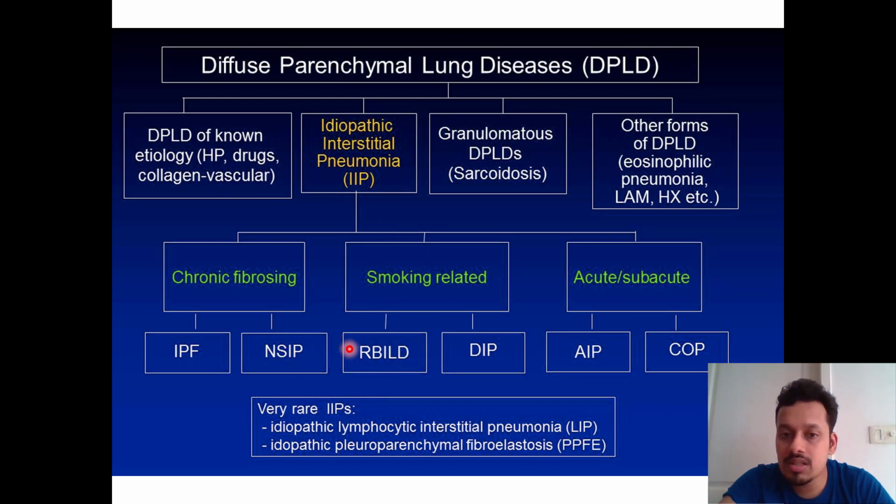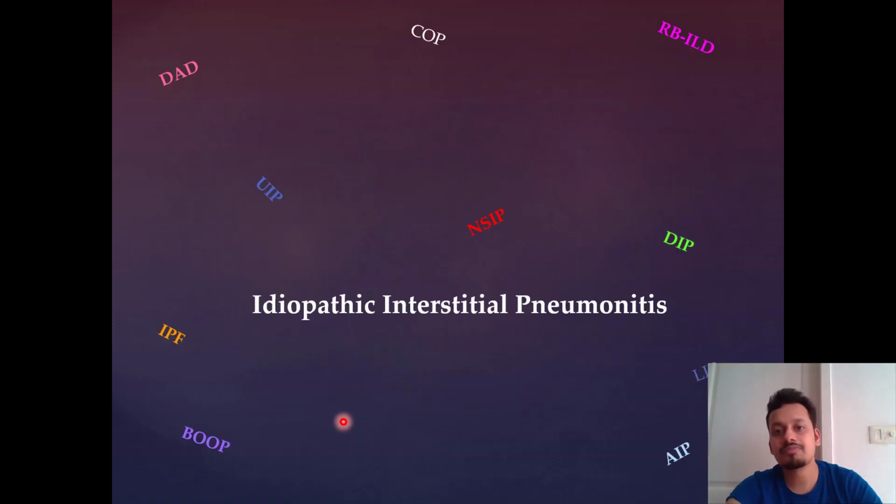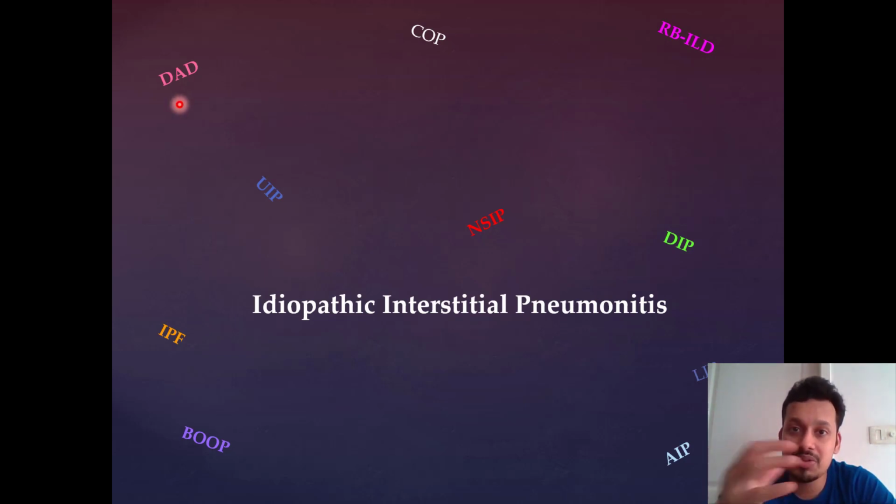The two diseases in this group are respiratory bronchiolitis interstitial lung disease and desquamative interstitial pneumonia, DIP. The next subtype is the acute or subacute pattern of presentation, which is acute interstitial pneumonia and cryptogenic organizing pneumonia. There are also other very rare IIPs. So there is more terminology about the pathology of these diseases which will be coming in later slides.